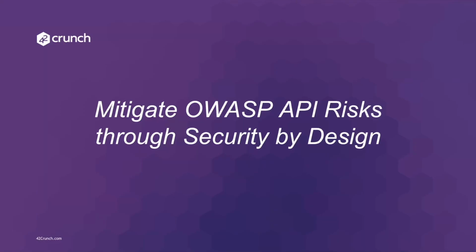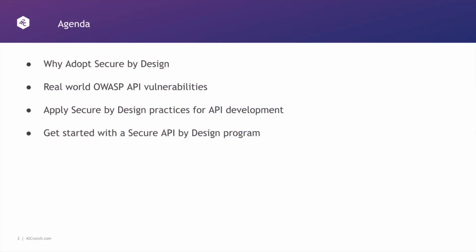In this webinar, we want to make a connection between adopting secure by design practices for API development and reducing the number of OWASP API vulnerabilities in your API code. So on the agenda, we're going to cover, first of all, what is secure by design, and in particular, why cybersecurity agencies are now pushing companies to follow this approach.